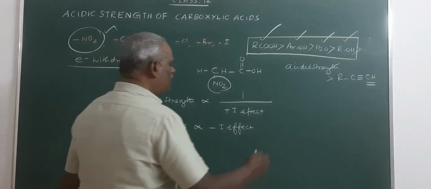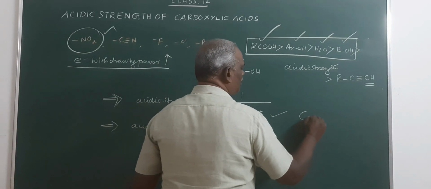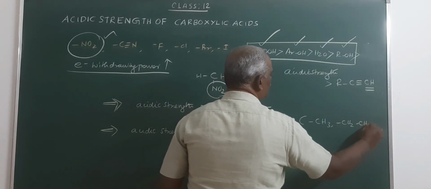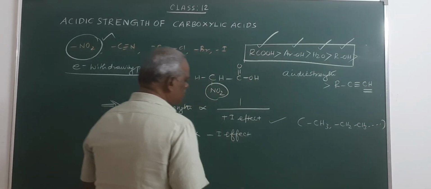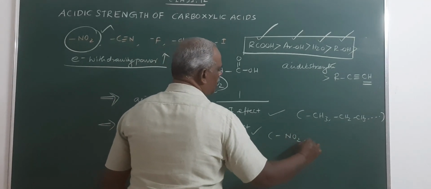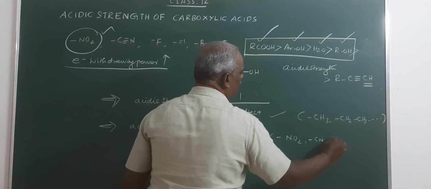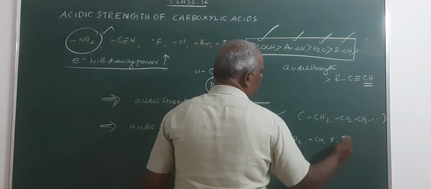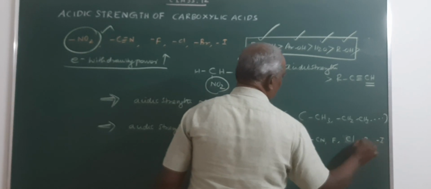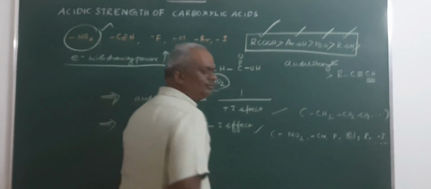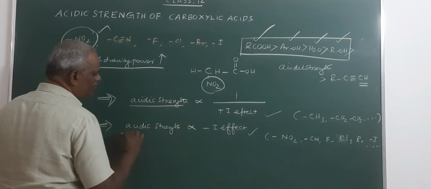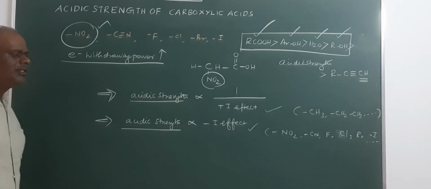The groups responsible for plus inductive effect are alkyl groups: CH3, CH2, CH3, etc. And the groups responsible for minus inductive effect are NO2, CN, F, Cl, Br, and I, etc. So these are all very important messages related to acidic strength.